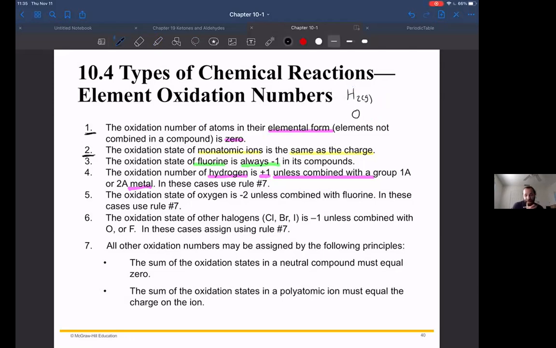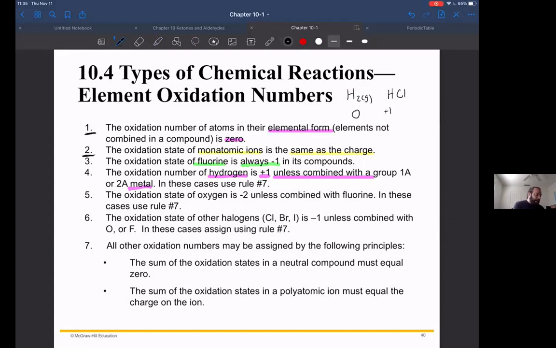Any time you find hydrogen in a compound, its oxidation number is going to be +1. So for example, in HCl, the hydrogen's oxidation number is +1.